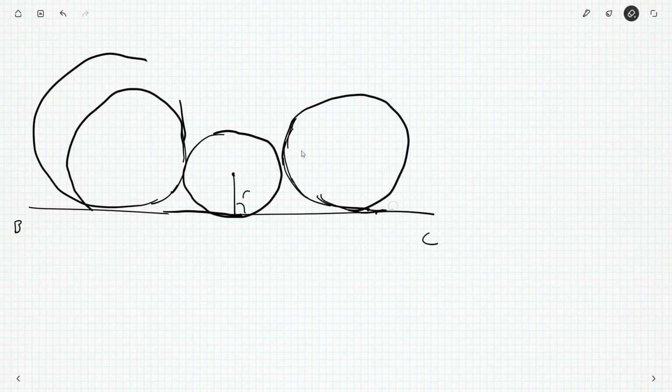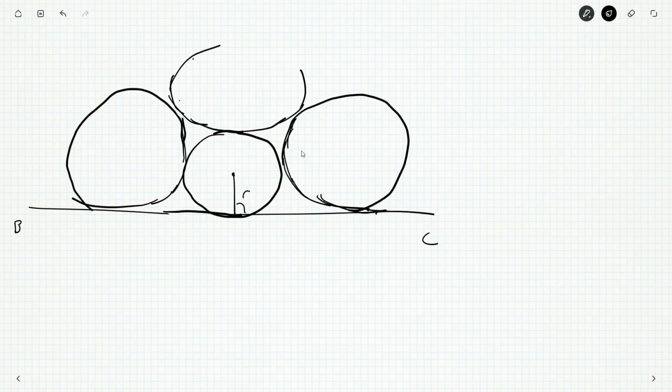Other one, the one with P, comes in and touches them both as well. It looks like an egg, but it's fine. Okay. So there's P, there's S, there's capital R, and there's Q.